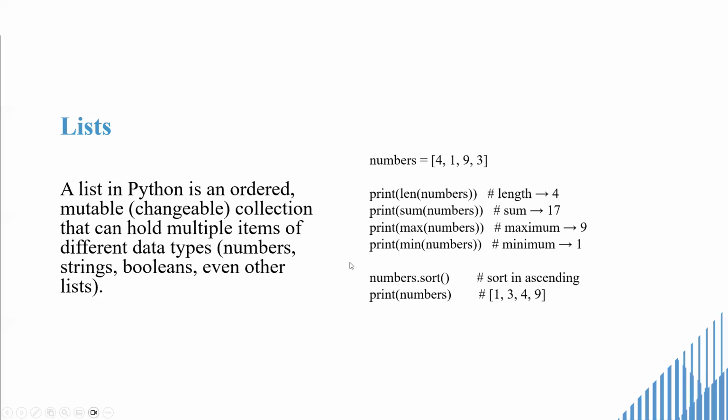Okay. Thank you. Then, as part of data types, we have list. A list in Python is ordered. These terms are very important when it comes to interviews. So it's ordered, mutable, meaning changeable, and can hold multiple items of different data types like numbers, strings, booleans, even another list.